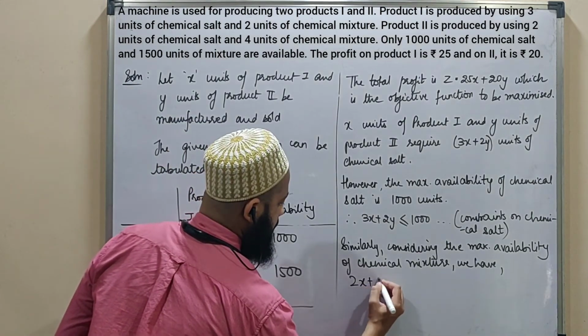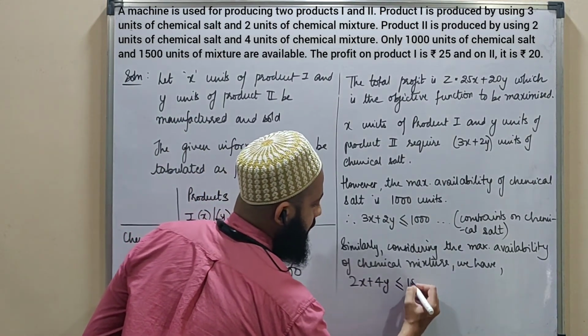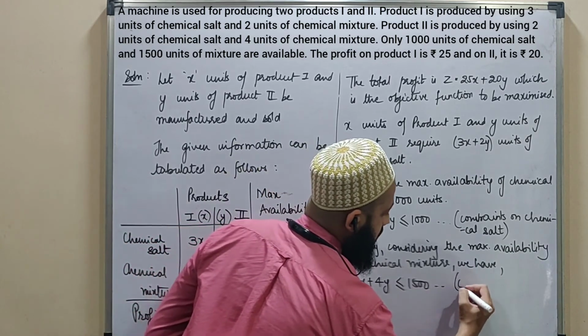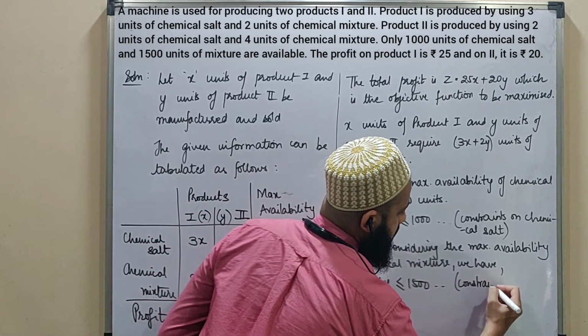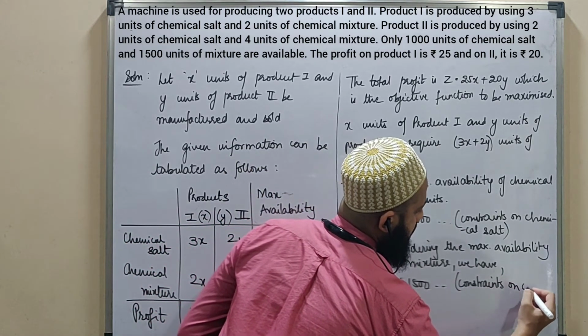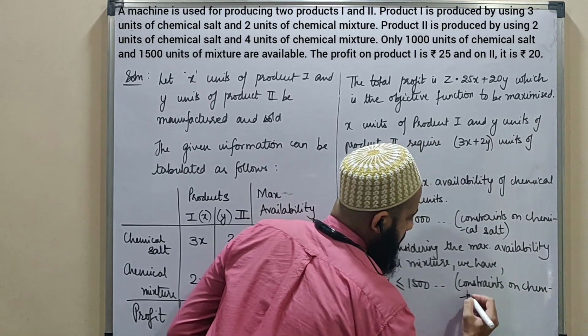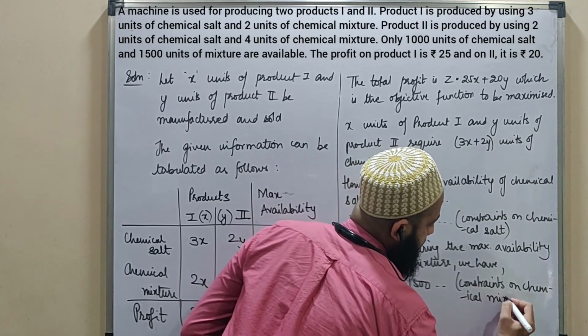It's 2x plus 4y less than equal to 1500. That's the constraints on chemical mixture.